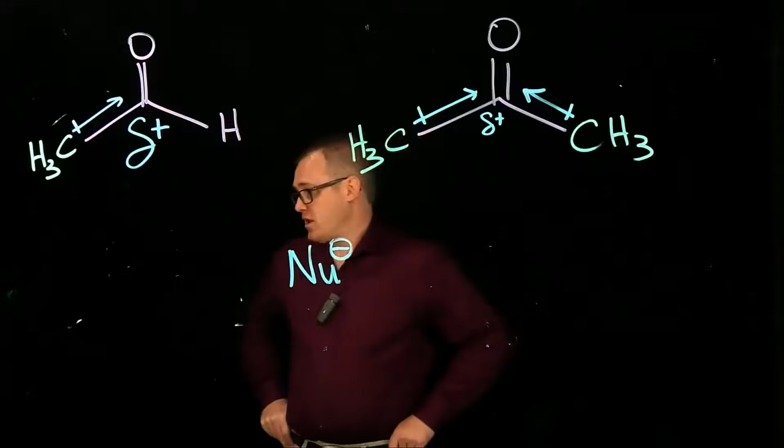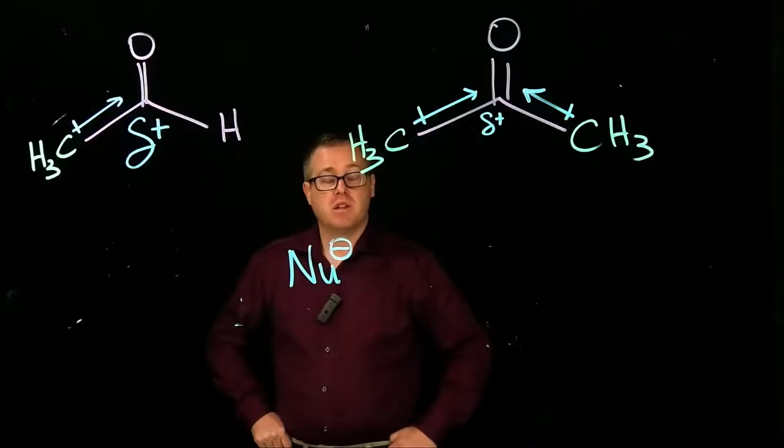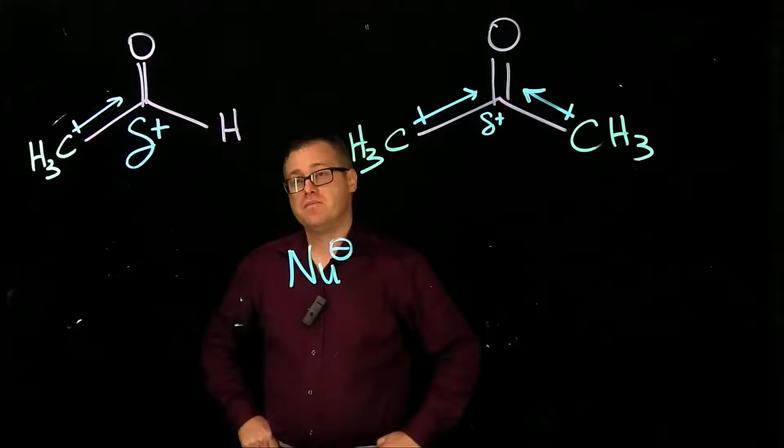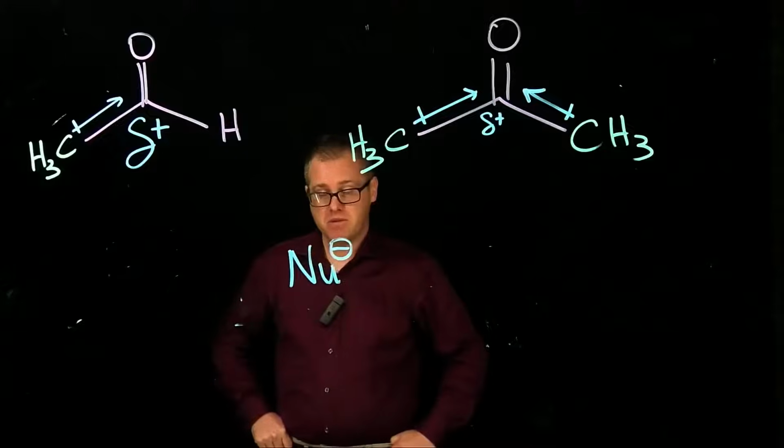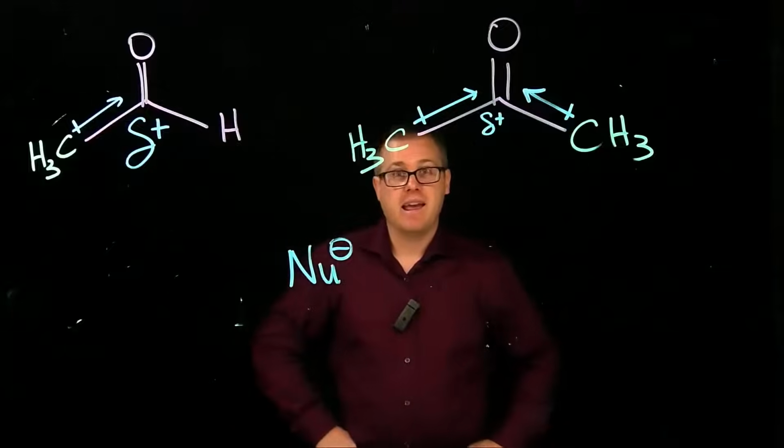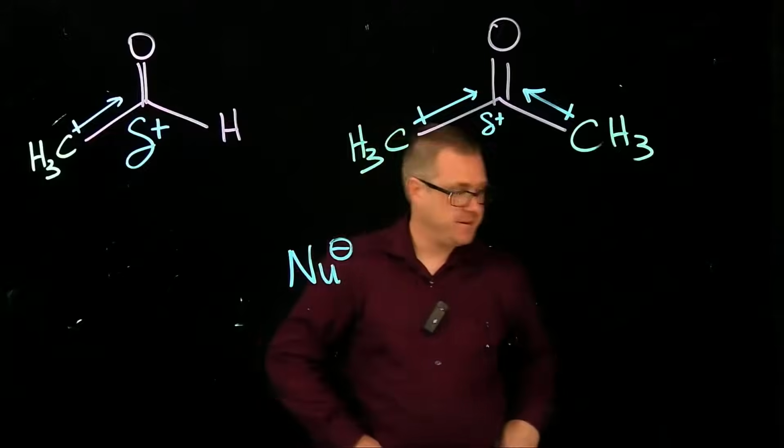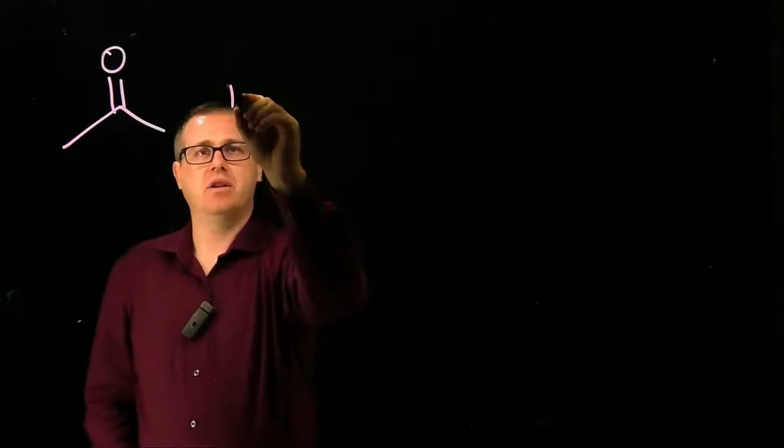So now we're going to start looking at some other reactions that we have not seen before. And that's going to be the fun part. Now let's look at some reactions with aldehydes and ketones. So if we look at a generic reaction, looking at this ketone, we can have a nucleophile.